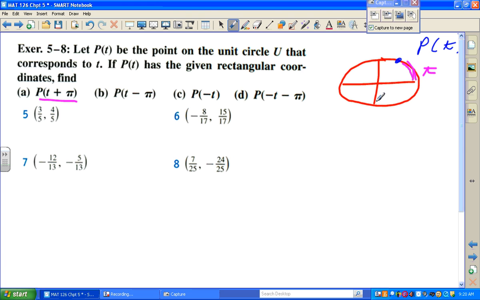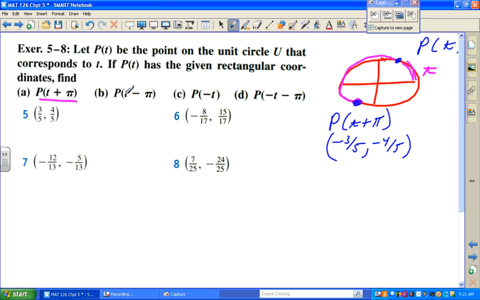P of t is the function value. If I add pi to that, pi is a semicircle, isn't it? What happens when I move my point down to here? P of t plus pi is going to be negative 3/5 and negative 4/5.